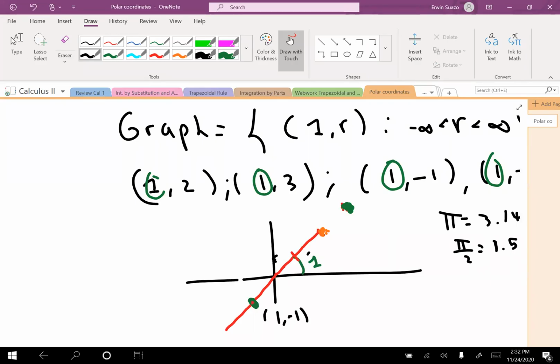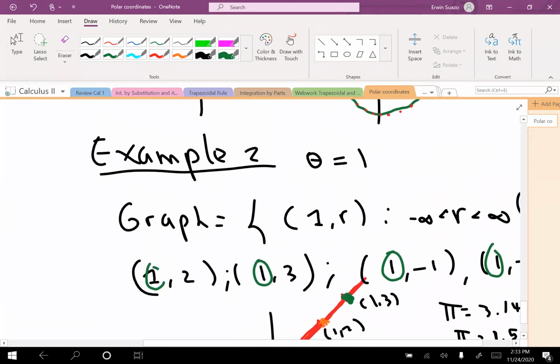This one is 1, 1, so 1, 2 is here, and this is 1, 3. So whatever has angle 1 is on my graph. So my graph is, what do you guys say? It's a line, this line. So that's the graph of theta equals 1.